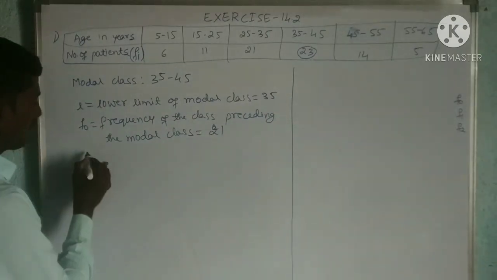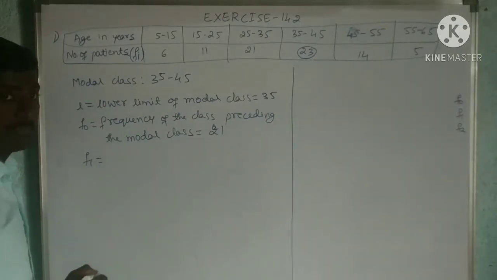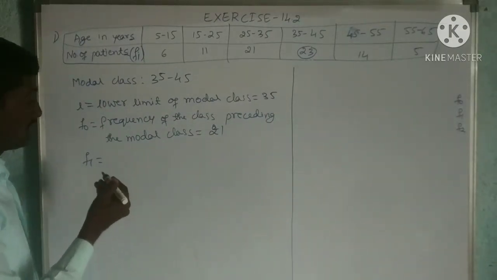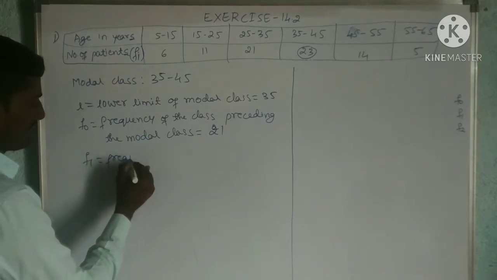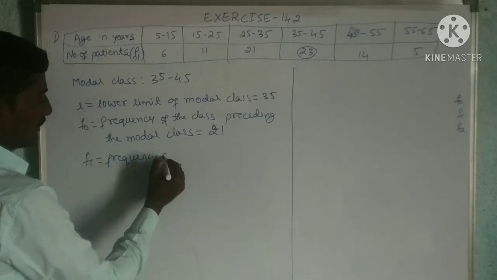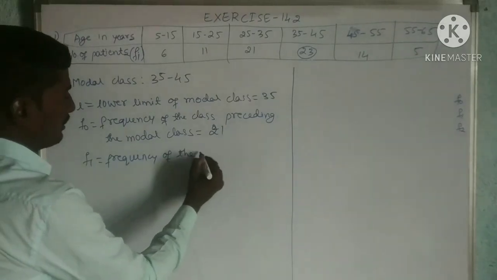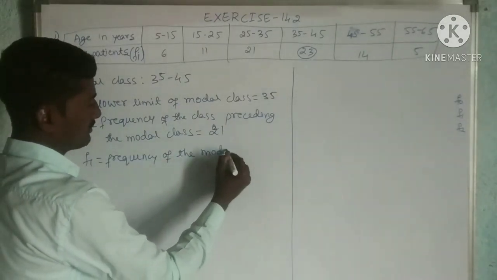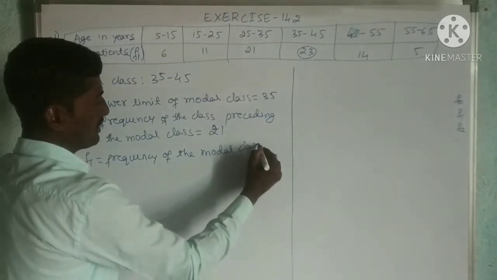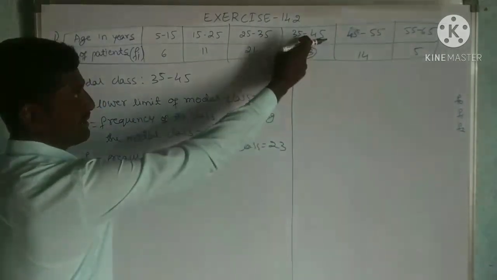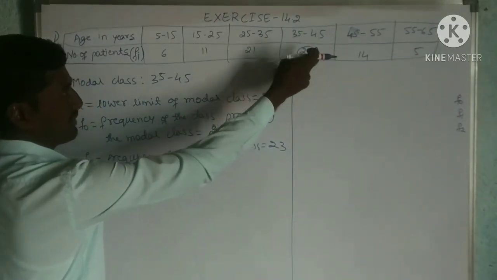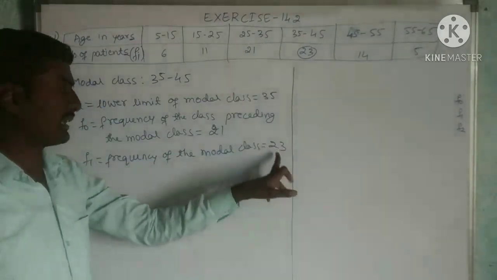Next one is F1. F1 is the frequency of the modal class. So this is the modal class, and the frequency of the modal class is 23.